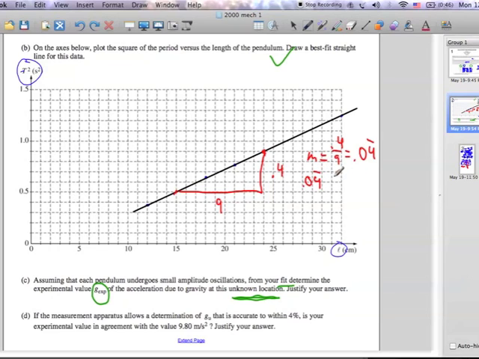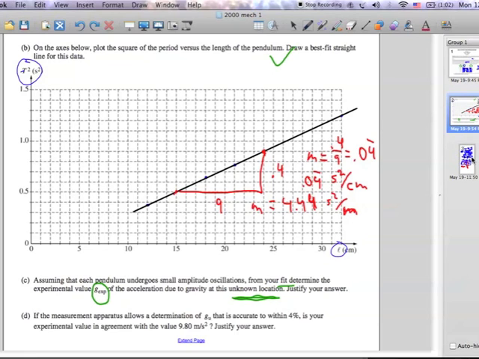That's seconds squared per centimeter. This is important. So this equals 4.44 seconds squared per meter. Let's get that into meters right now because we don't want to be dealing with centimeters. We want meters.